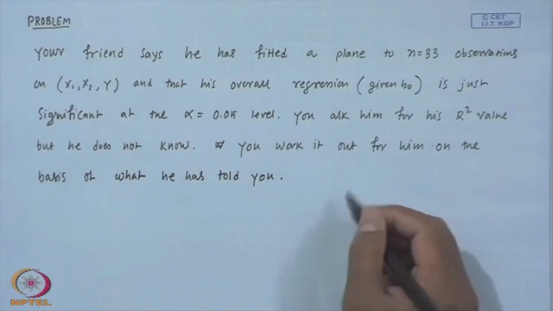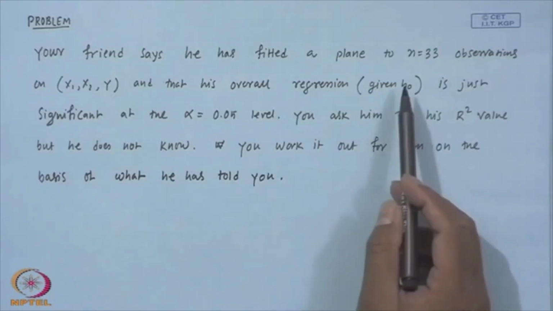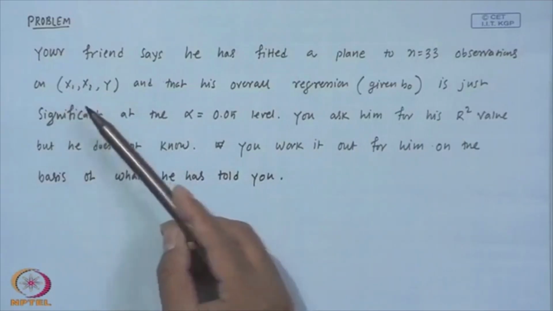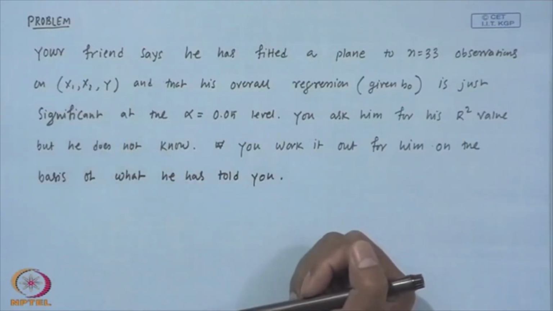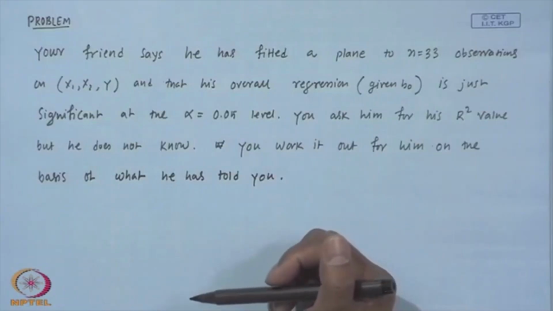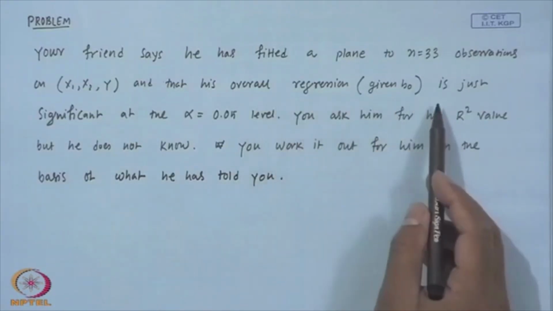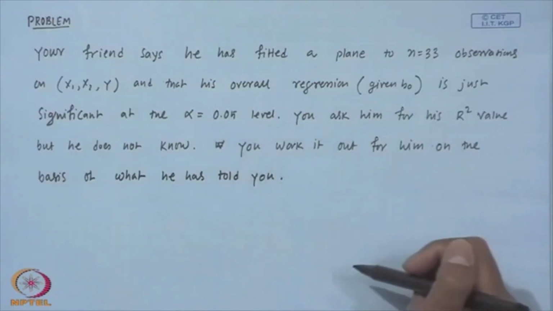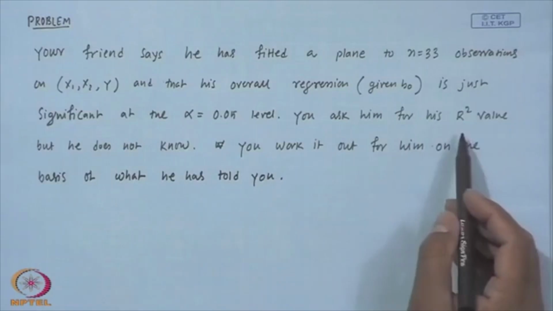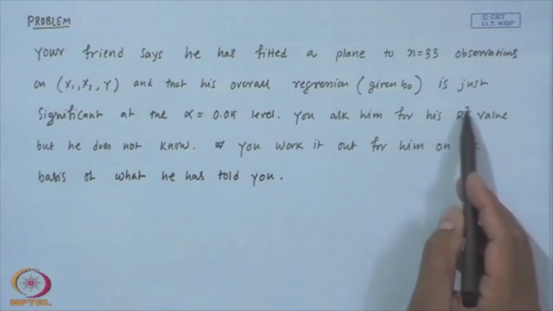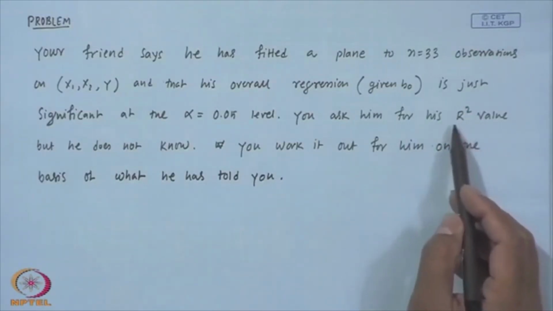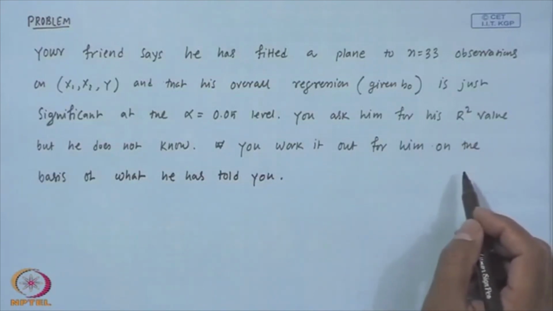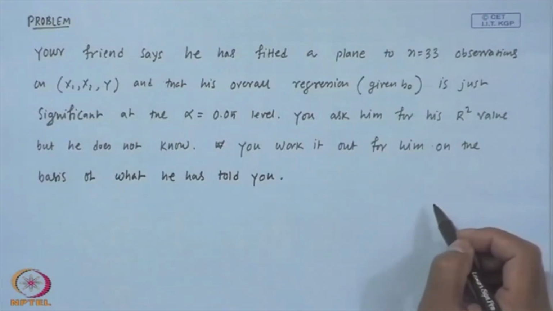So, the information given to you is that he has fitted a multiple linear regression model with two regressors x1 and x2, and his fit is significant at 0.05 level, but he does not know the R square value, where R square is the coefficient of determination, and it measures the proportion of variability that is explained by the model.